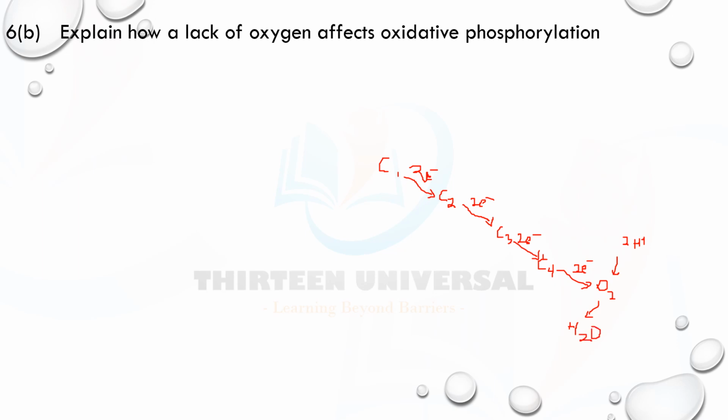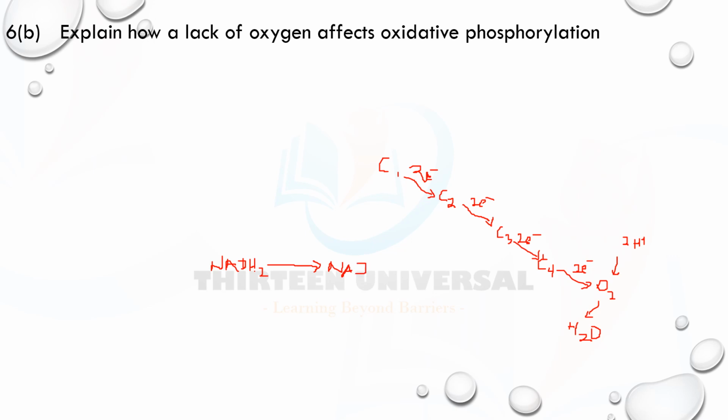Remember that NADH and FADH2, the reduced NAD, when they arrive here, they undergo oxidation. They lose their hydrogen to regenerate NAD. So NAD is formed here.